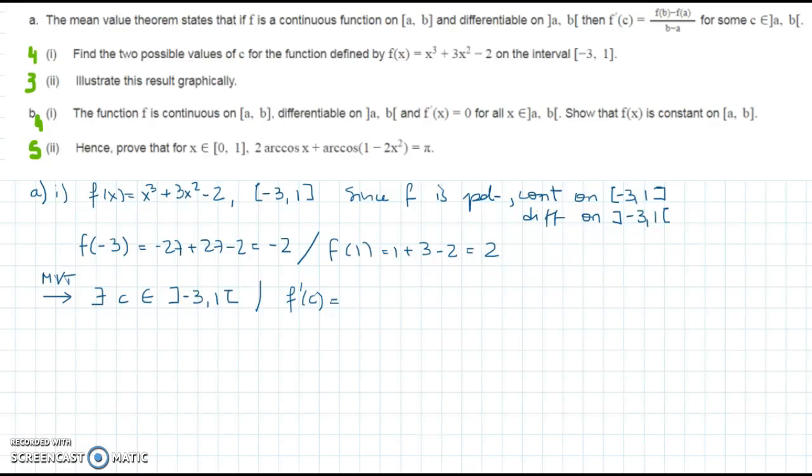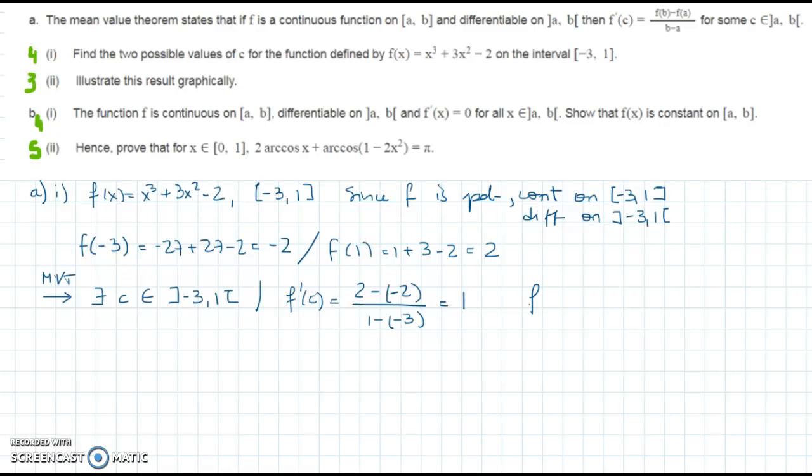So this is going to be 2 minus minus 2 divided by 1 minus minus 3, and this result is 1. The question is asking us to find the two possible values of c for this to be true. The mean value theorem only tells us that there exists one c, there may be more. The question is telling us there are two, find them.